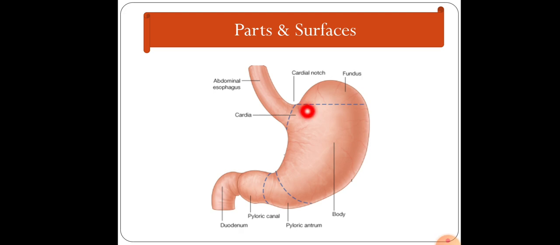Here there is a notch. This border of the stomach is known as the lesser curvature, and this border is known as the greater curvature. So the left border is the lesser curvature, while the right and greater border is the greater curvature.